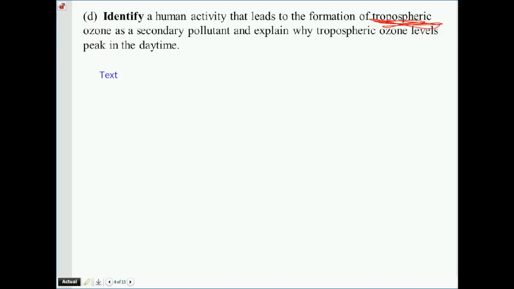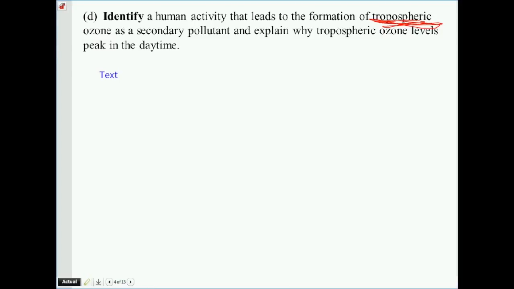We've talked about this a little bit in this course. I know I've seen you guys talk about it in discussions, and I think we talked about it last week. So what is it about daytime that makes tropospheric ozone form? Tropospheric ozone peaks in the daytime because it's what they call a photochemical reaction. Yes, exactly. It requires sunlight to proceed.